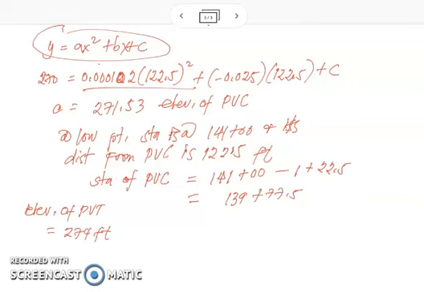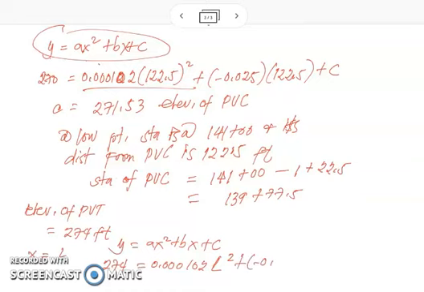Our x here, which is the distance of PVT from PVC, is actually our L. So our x here is equal to L. Using the equation y is equal to ax squared plus bx plus c, we have 274 is equal to, the value for a we computed a while ago, 0.000102 times L squared, plus b, which is negative 0.025, times L, then plus c, which is the elevation of PVC that we computed, 271.53.